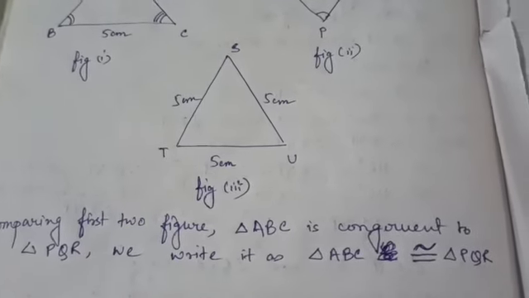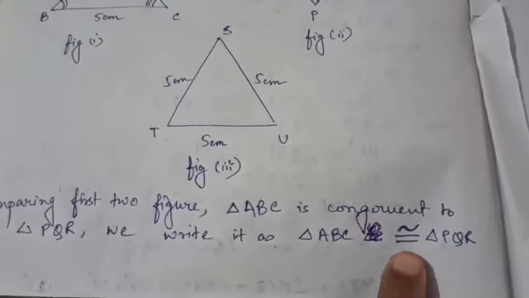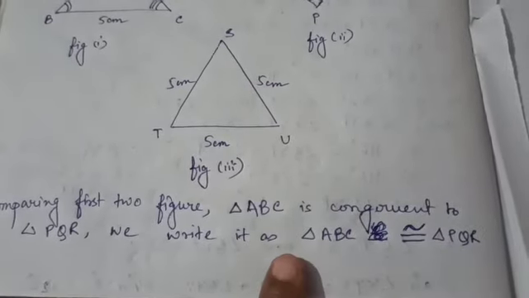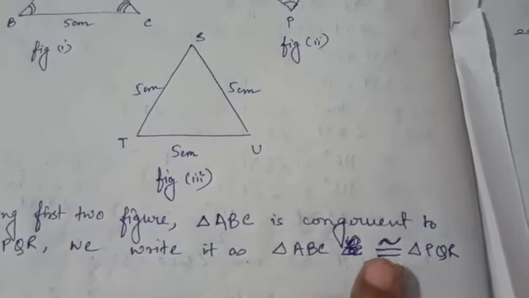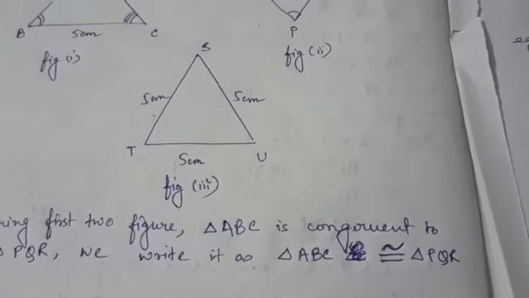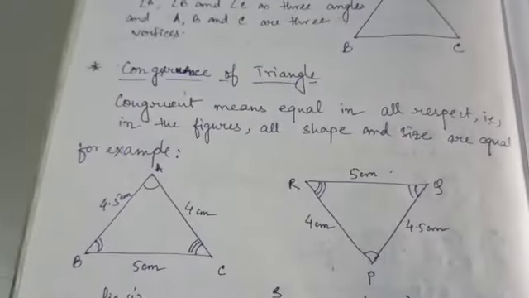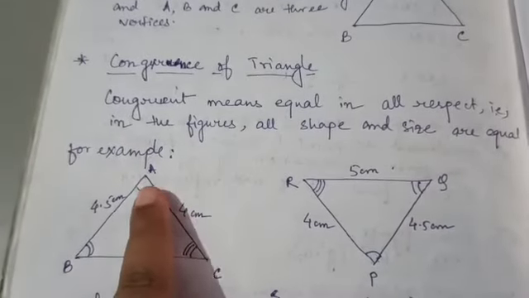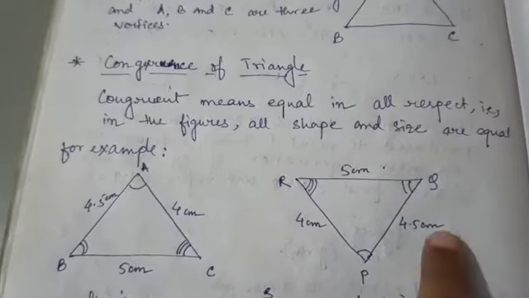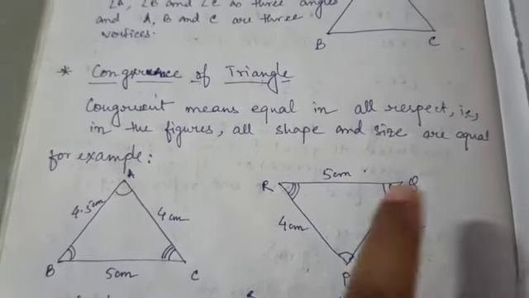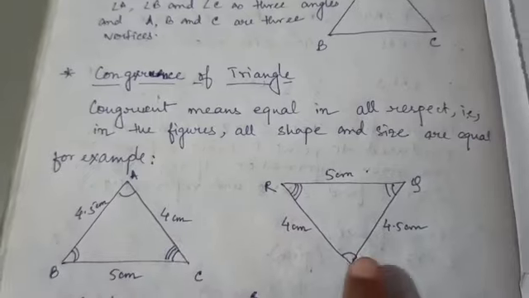And we write it using this kind of symbol. We read it as triangle ABC is congruent to triangle PQR. Now you can see from the figure that ABC is drawn and PQR is drawn in just reverse, so we have to consider it in similar figures.